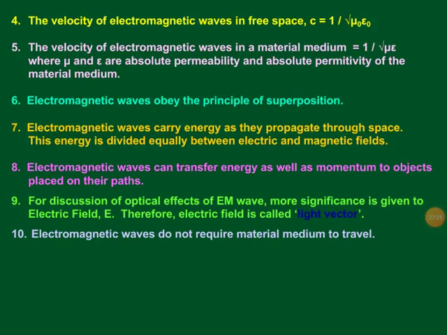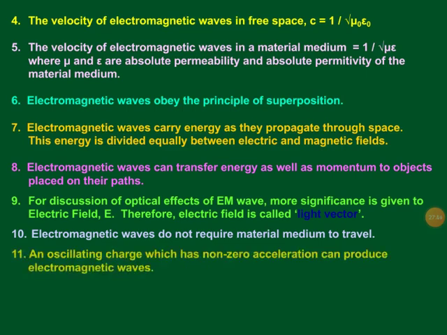That is why sunlight, from the sun up to the earth, where there is no medium between these two heavenly objects, can still travel from the sun and reach the earth's surface. And the source of these electromagnetic waves is the oscillating charge.